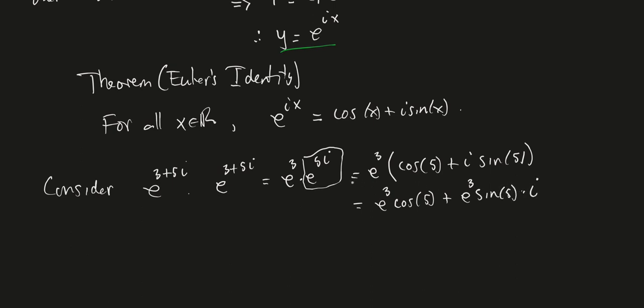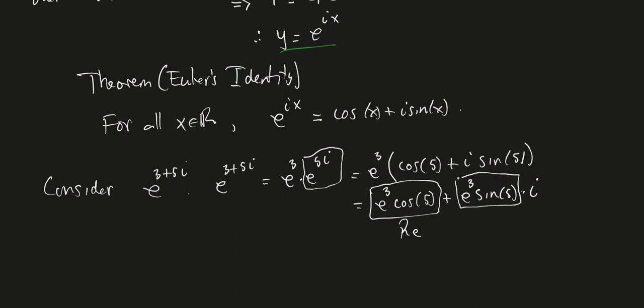So what I was able to do is, I have this e raised to this complex number, but using Euler's identity, I can write it in this form where it looks like what I wrote down originally as the definition of a complex number, where you have a real number, so this is the real part here, and then plus your imaginary part times i.